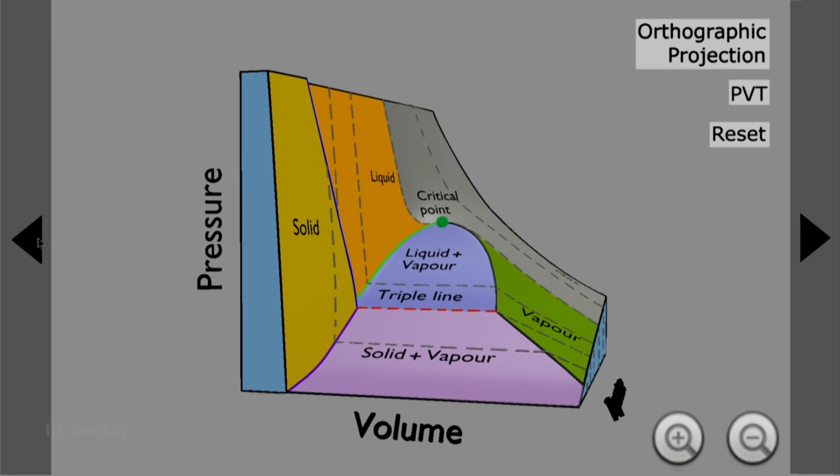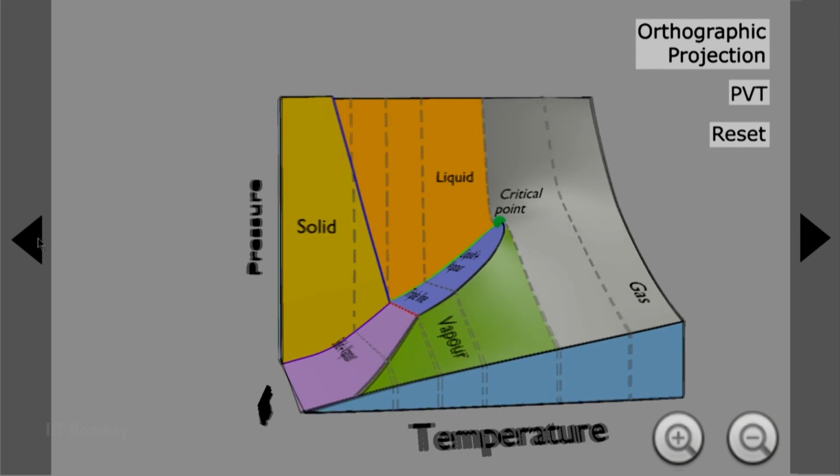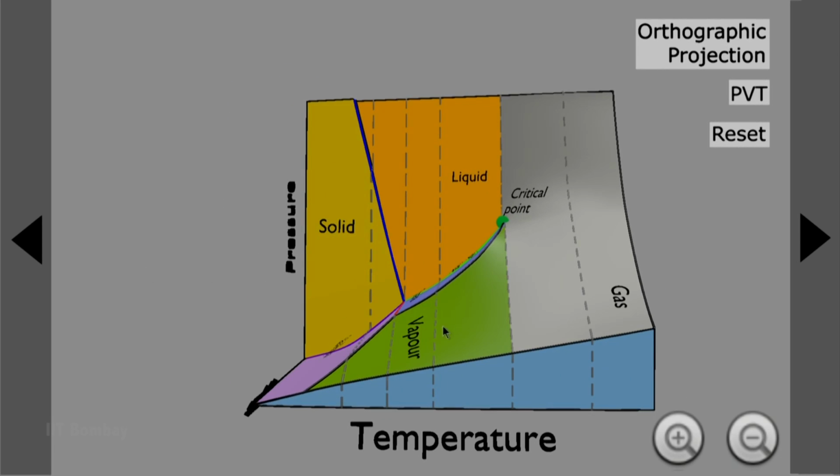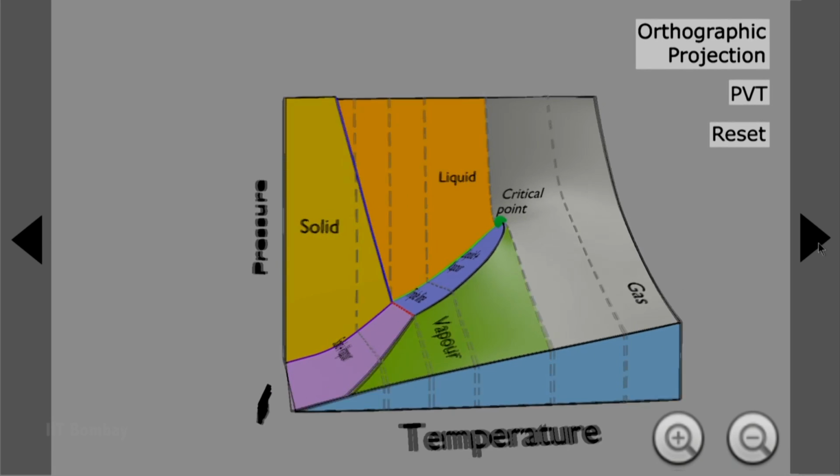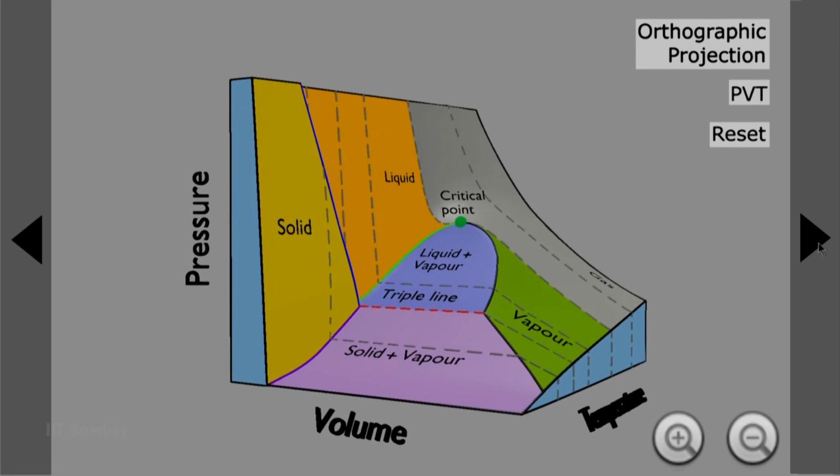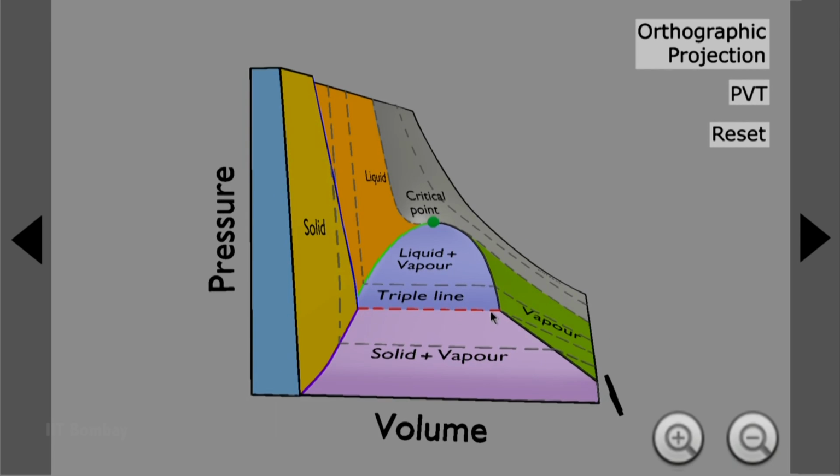If I come back again to this direction, what you can see is the existence of the triple point. One can see that solid, liquid and vapor are actually coexisting, or all these three phases are in equilibrium at one point. I can show you that in two dimensions in a better way, but what you can see from here is a triple line.